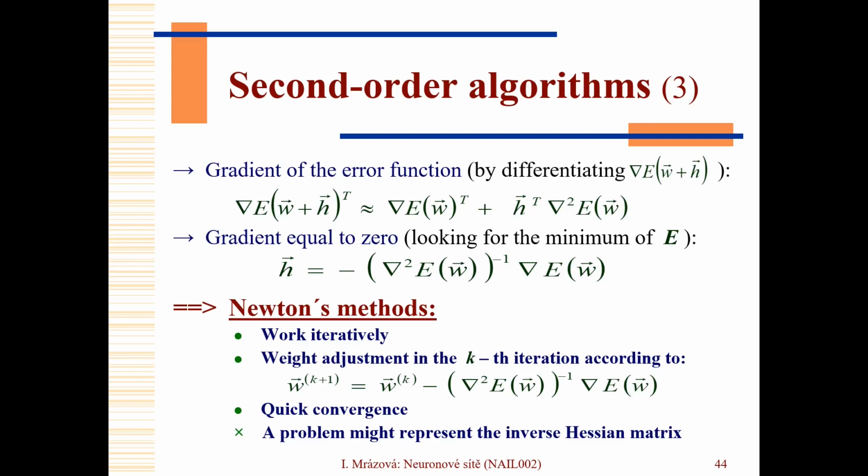And the new weight w at the iteration k plus 1 would correspond to the weight at the previous iteration, the iteration k, minus the inverse Hessian matrix at the point w times the gradient of the error function capital E at the point w in step k.